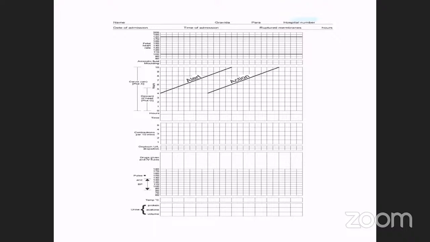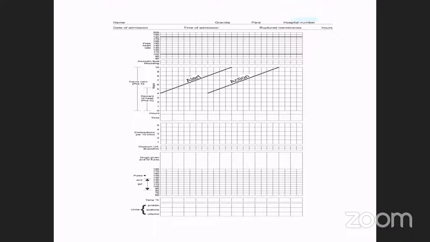Below that is your space for oxytocin therapy if you are doing any augmentation. Then of course beyond that is your treatment, whatever you are giving the patient, how much fluid, whatever you are giving. Then up beyond that is the maternal vital signs, the pulse rate, the blood pressure, the temperature.